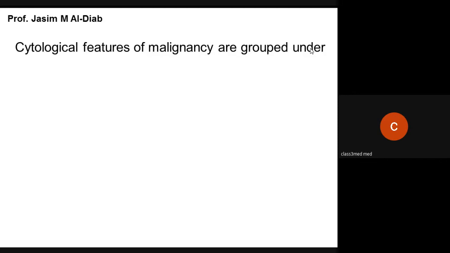Okay, these are called cytological features of malignancy. These are grouped under the term atypia, and the cells showing these features are called atypical cells.